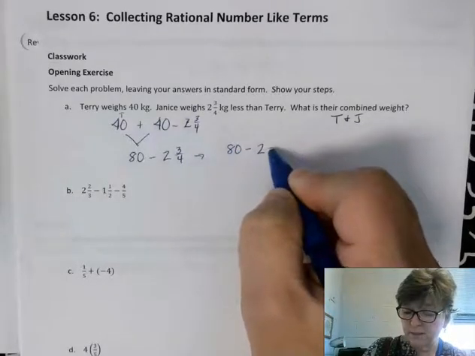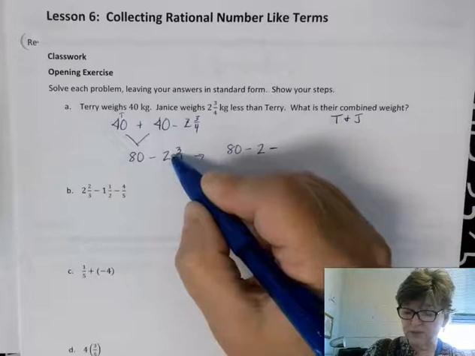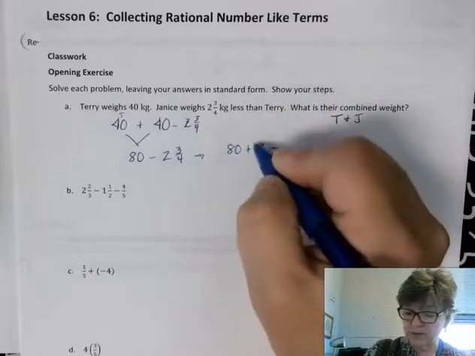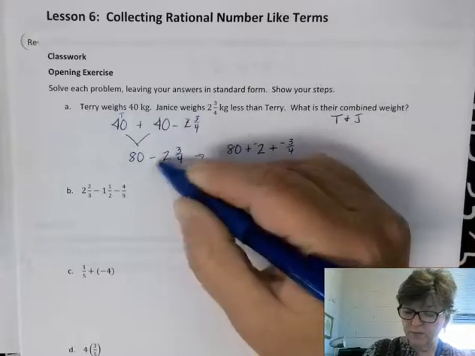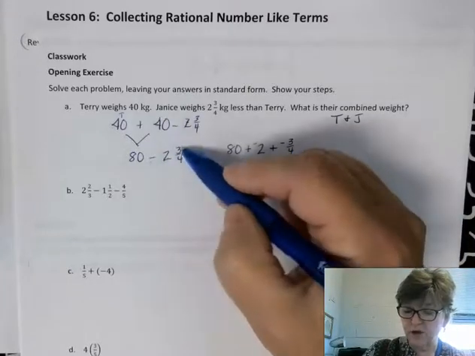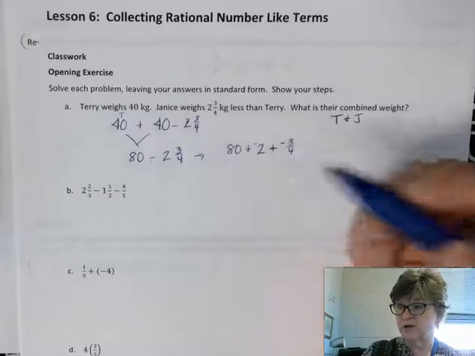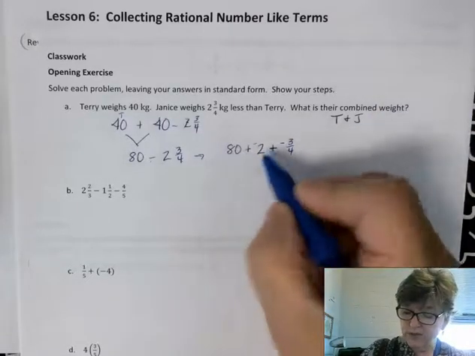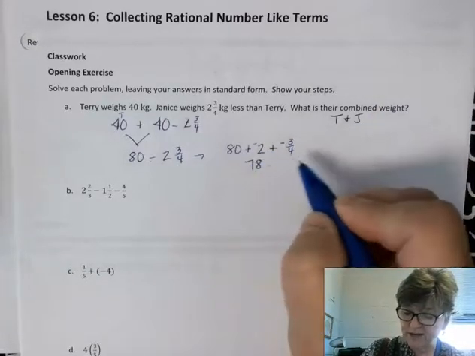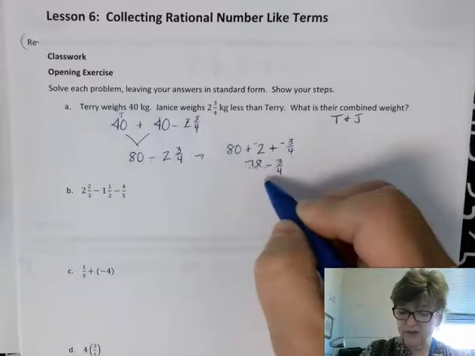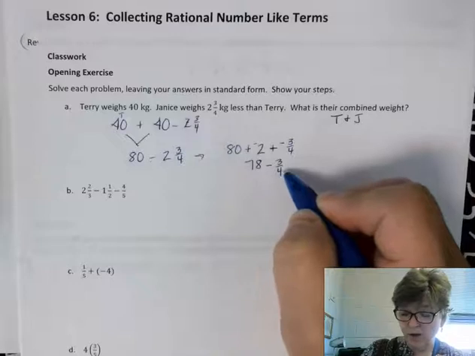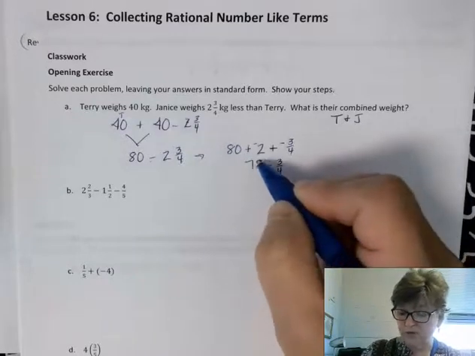2 minus, because remember this is going to be a subtraction if you want to do plus and negative, because this minus sign goes with both parts of 2 3/4. So 80 minus 2 is 78, and then minus 3/4, so that's taking away part of one whole.